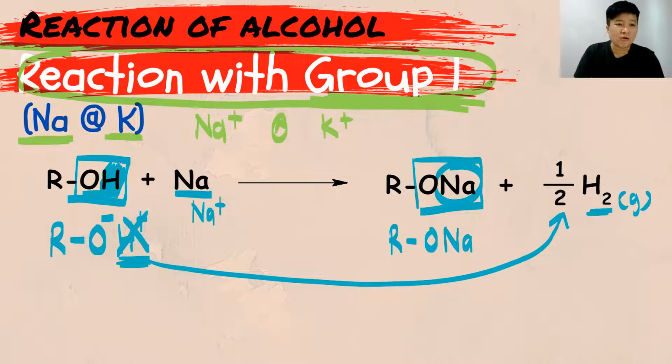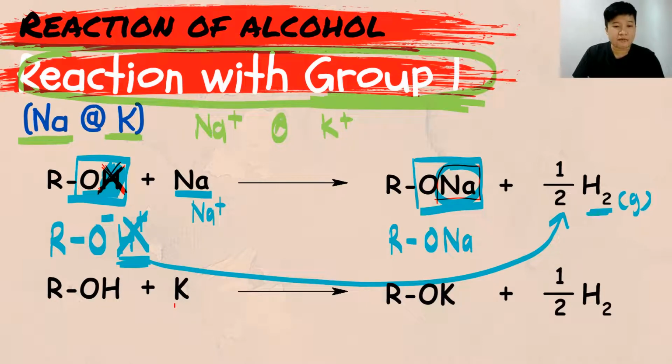Bear that in mind, your alcohol will lose the H of the OH. This is the H that you will remove, and it is replaced by the Na over here. The same thing applies when you react with another group 1 metal, which is potassium.